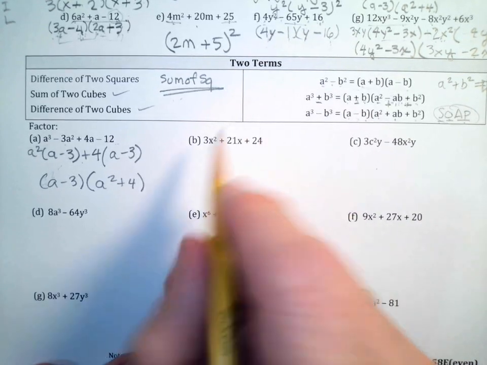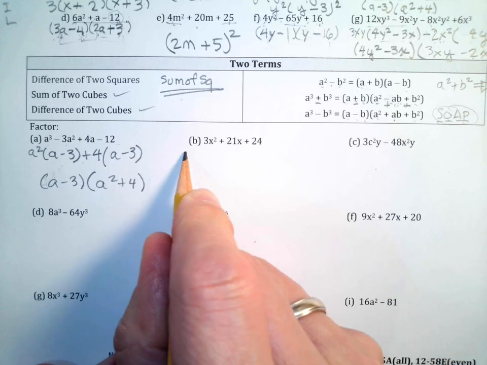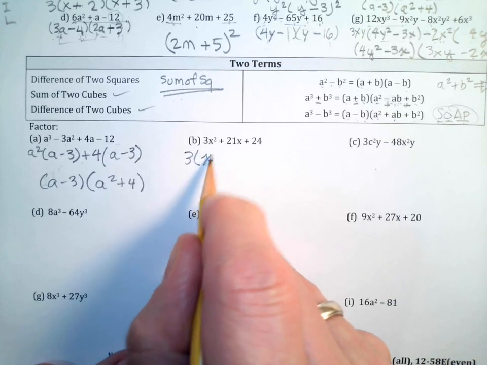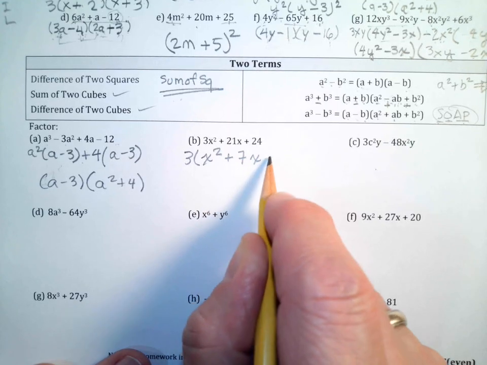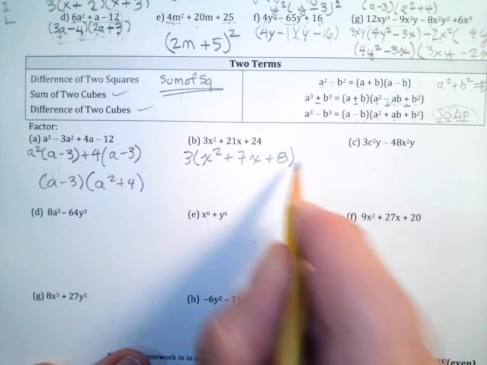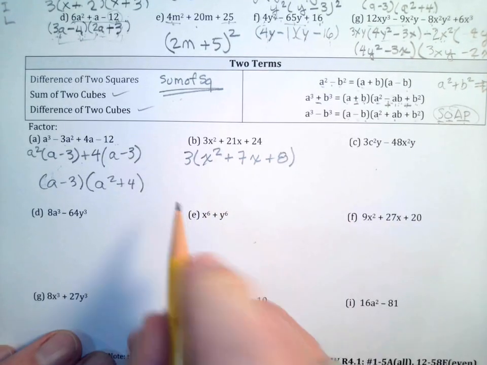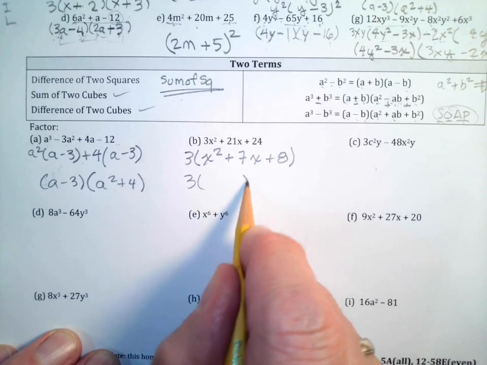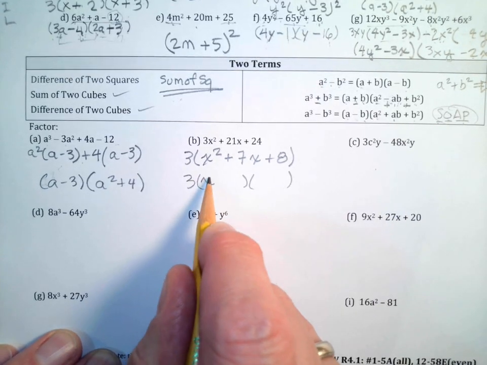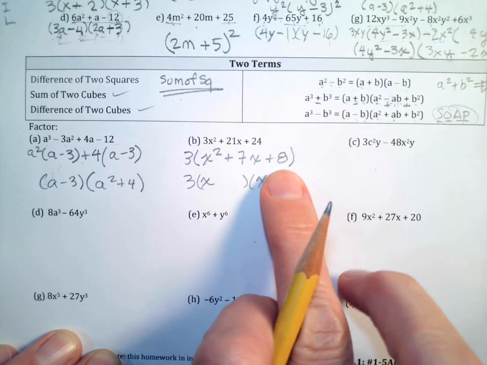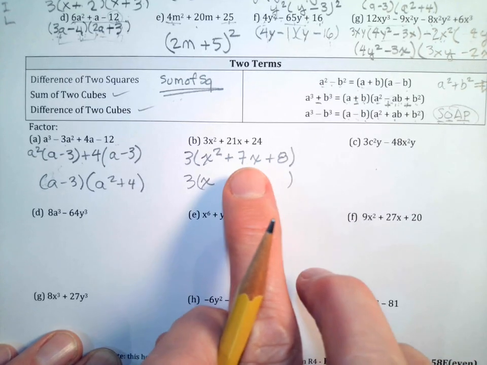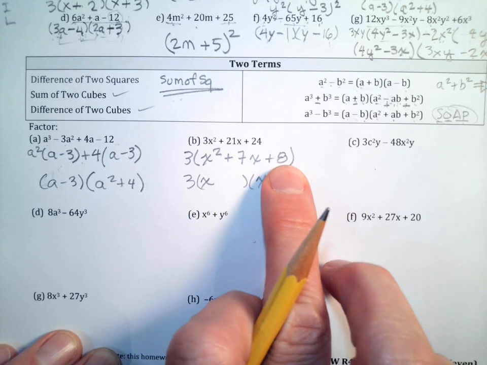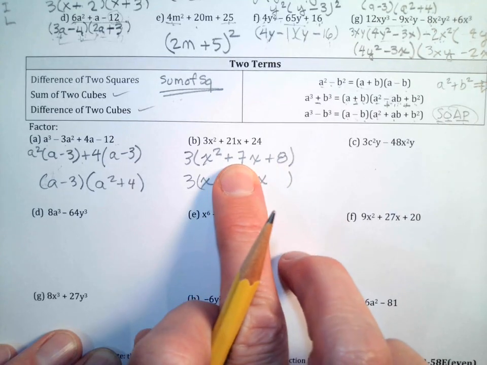All right, there appears to be a GCF here of 3. So that's 3 times x squared plus 7x plus 8. Maybe that's all, but we should try to see if it factors more. This will be x and x, and then two factors of 8 whose sum is 7.